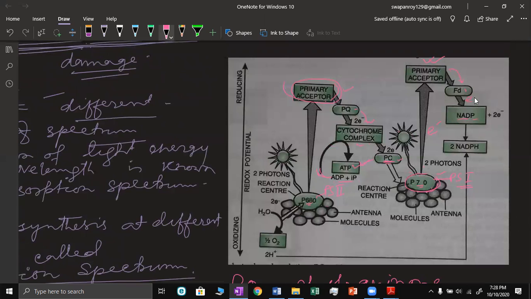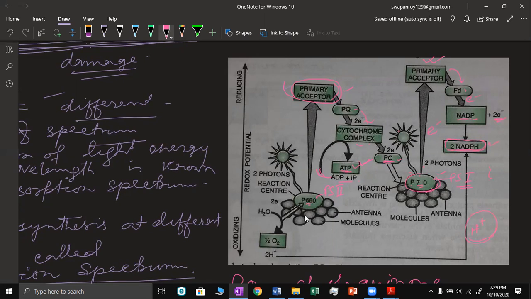So electron is moving from this primary acceptor through the ferredoxin ultimately to the NADP, and here when it accepts the two electrons, it can combine with a hydrogen ion, a proton, and then when it accepts electron and the hydrogen ion, it produces NADPH. So NADPH is produced and ATP molecule is produced.